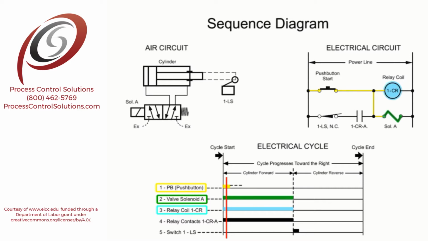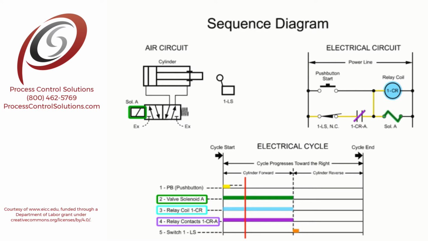Now that the relay coil is energized, relay contact 1 CRA closes and also becomes energized as indicated on line 4. This sets up a holding circuit through switch 1 LS and contacts 1 CRA, which keeps current on the relay coil and the valve solenoid even though the push button has been released.